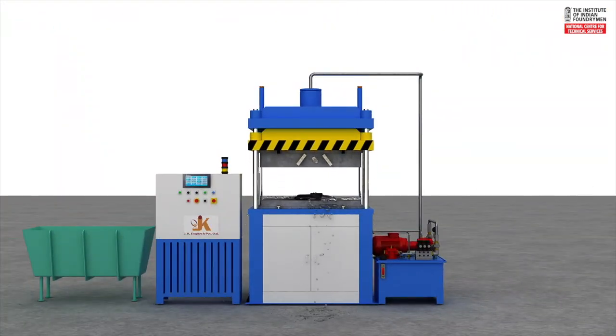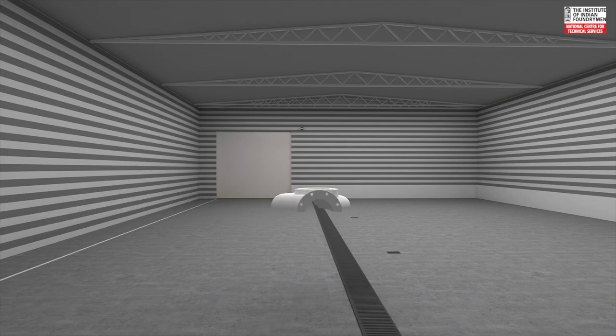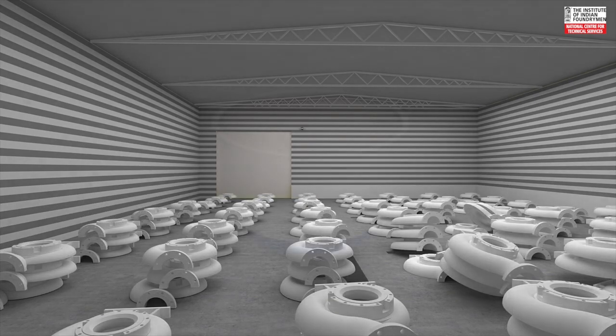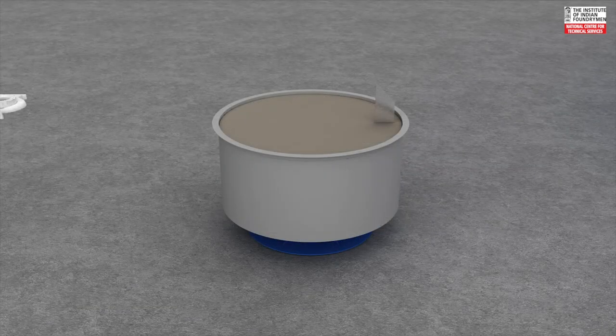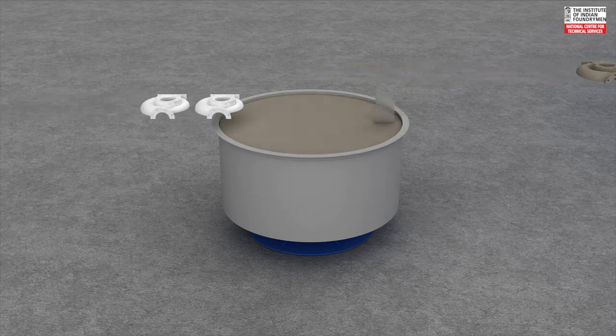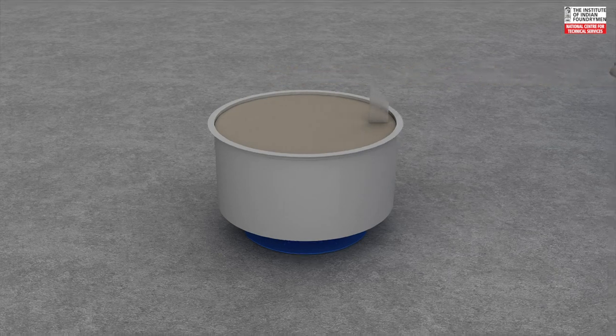This is the mold box. The tree is placed, sand is poured, it is further vibrated. This sand is totally dry sand. There is no binder in it. Metal is poured, it burns the polystyrene.